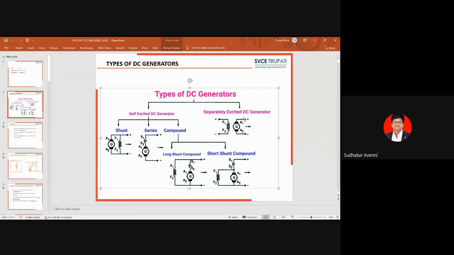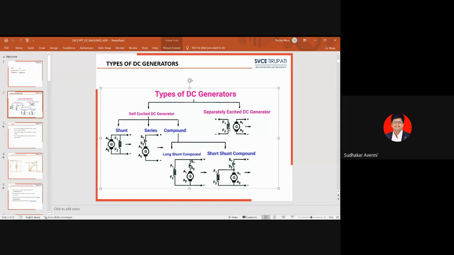Coming to separately excited, the field winding is separated from its armature winding. That field winding is excited by a separate DC source, then it is called a separately excited DC generator. Basically, there are two main types of windings in DC generators.